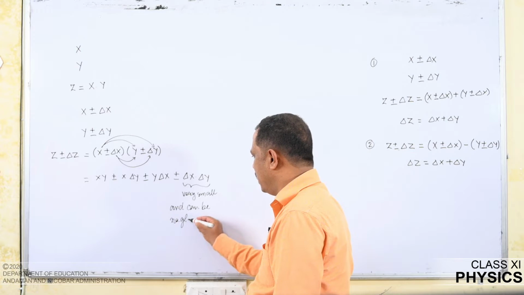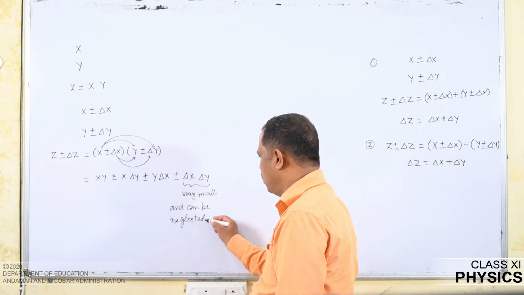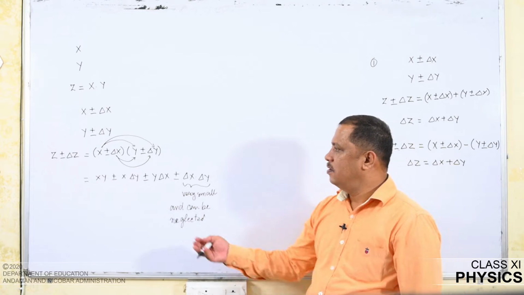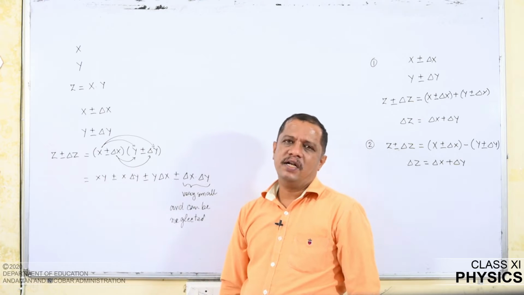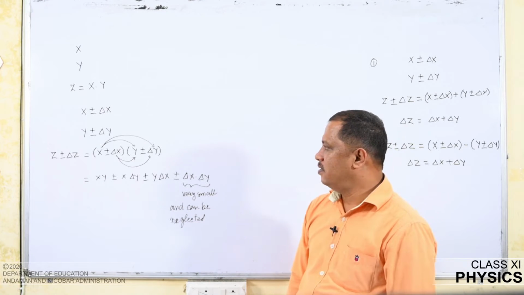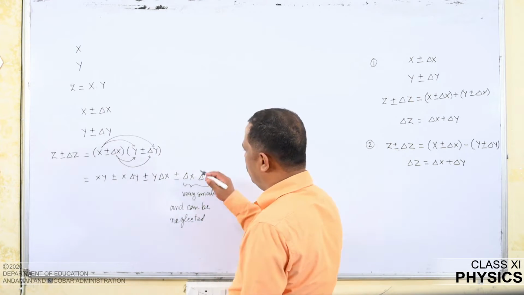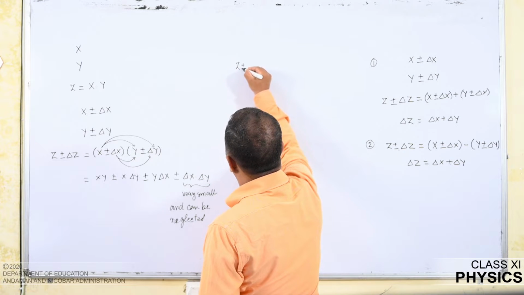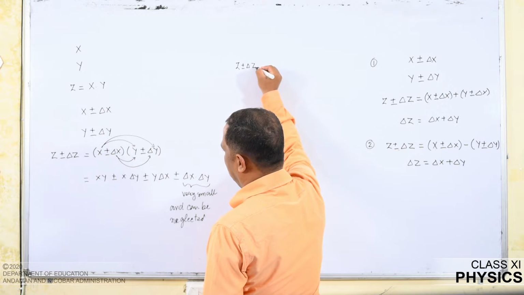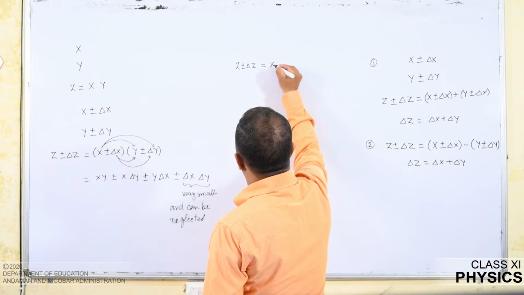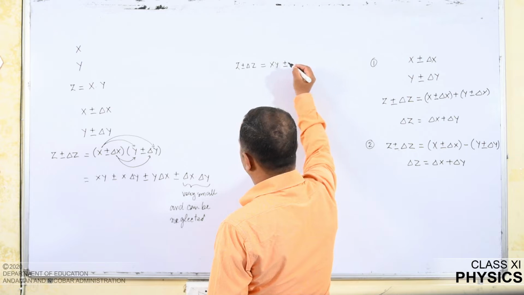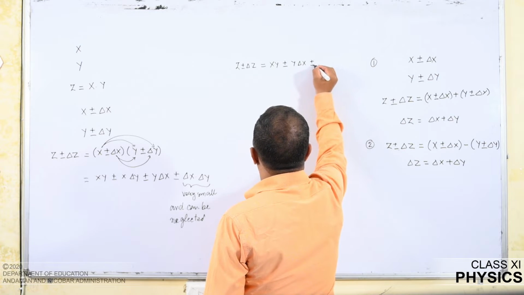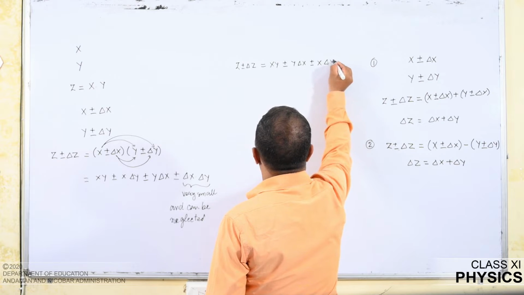So, when we neglect it, the value that I am going to obtain in the form of the product will not matter much, and therefore, I have z plus or minus delta z is equal to x times y plus or minus y times delta x plus or minus x times delta y.